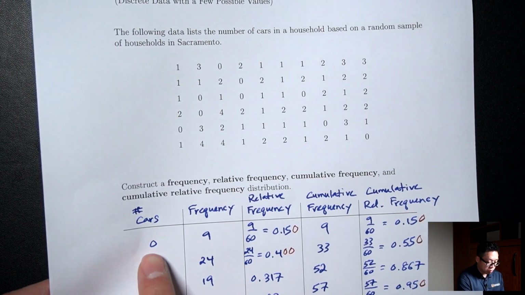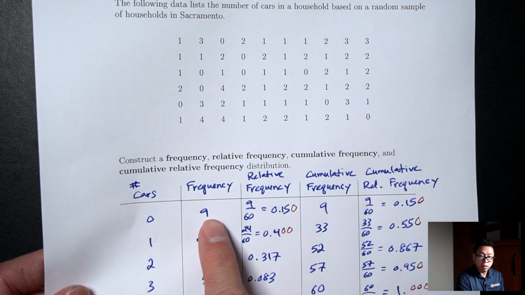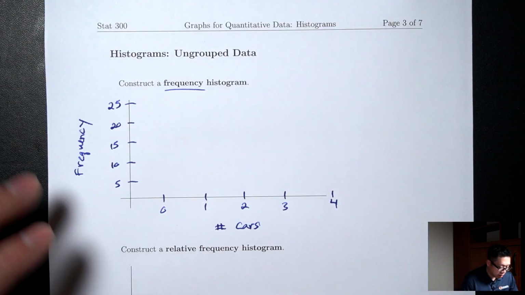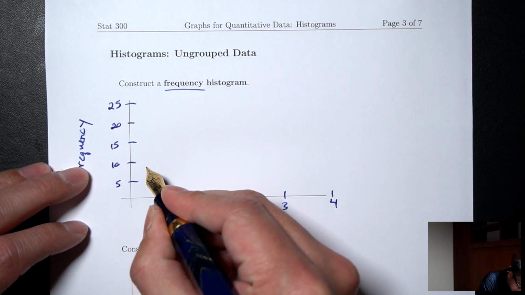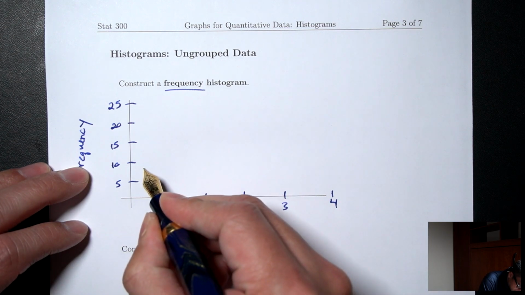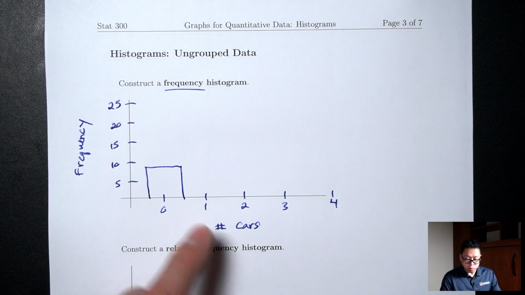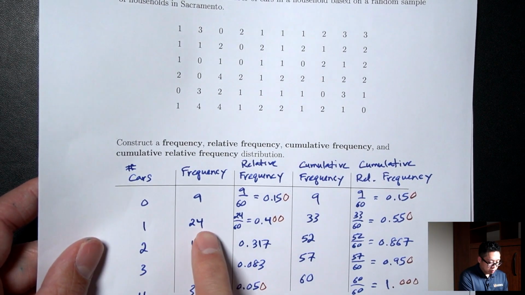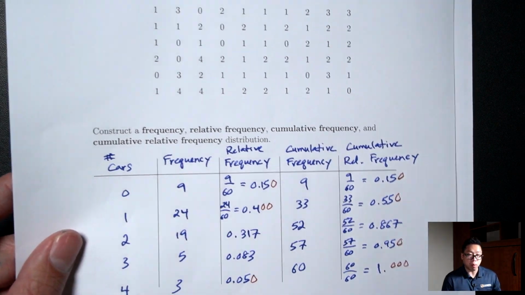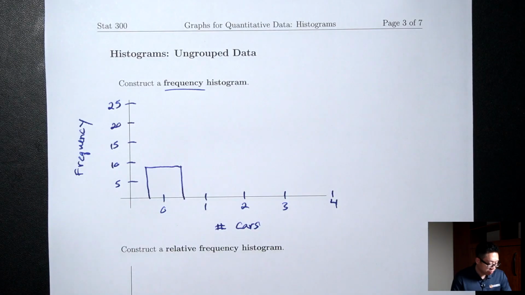So 0, frequency is 9. I'm going to make a bar of height 9. Next up is the 1, frequency 24. I need a bar of height 24.